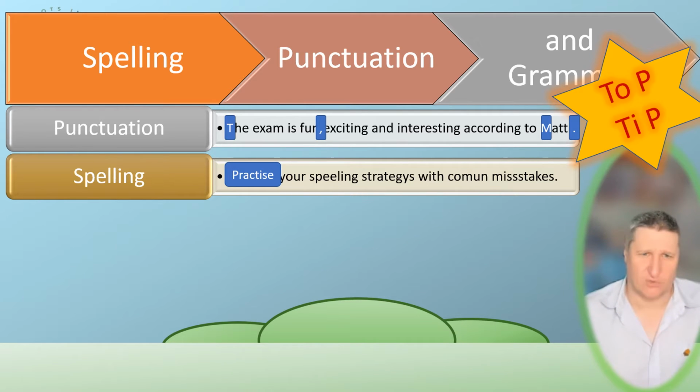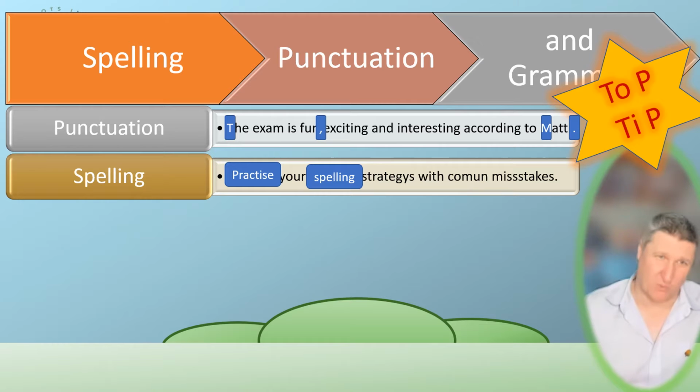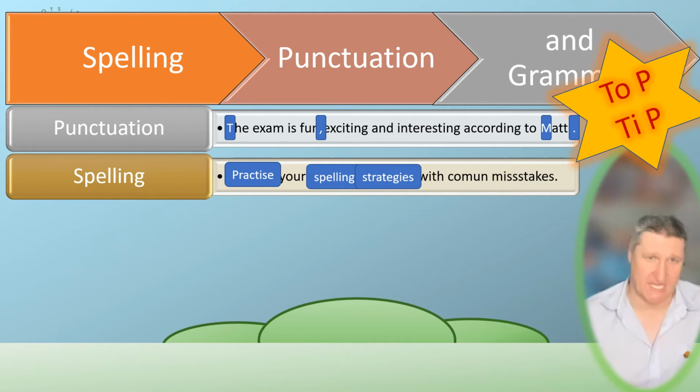Spelling, of course, you've got a double L there, making it spellling, instead of doubling the L. So you've got the wrong letter doubled there. Strategies, well, you know about this. With a plural with a Y, you add IES. Strategies.